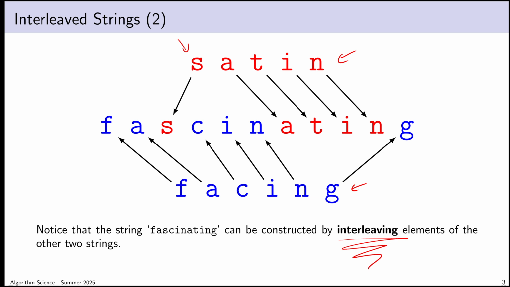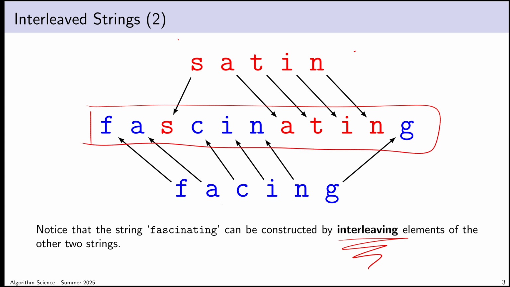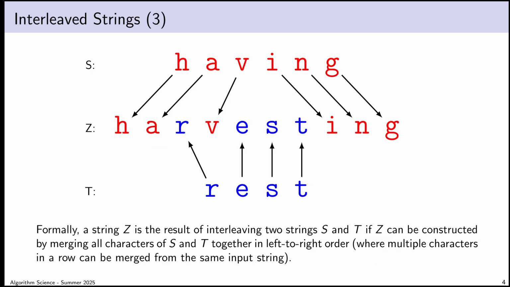I'm allowed to use multiple letters from the same word in a row. For example, I can take the F and the A in a row from the word facing. But what I basically want to do is merge the two smaller words together in left to right order, using every single character in both words, to produce this larger word in the middle. So the larger word is said to be the result of interleaving the smaller words if I can construct, let's call the larger word Z, if I can construct Z by merging together the sequences S and T, the smaller words, in left to right order.